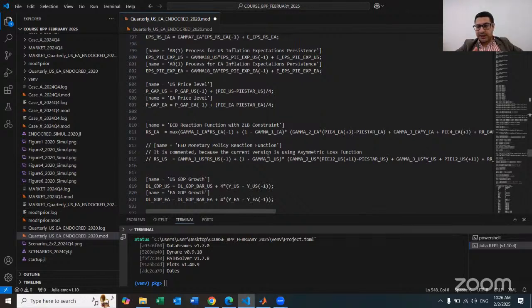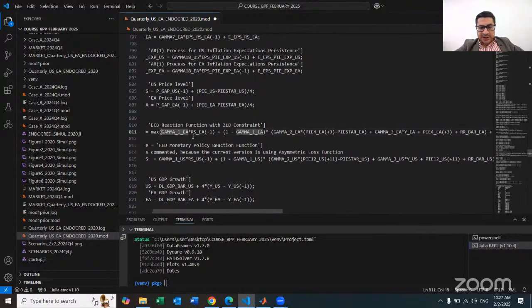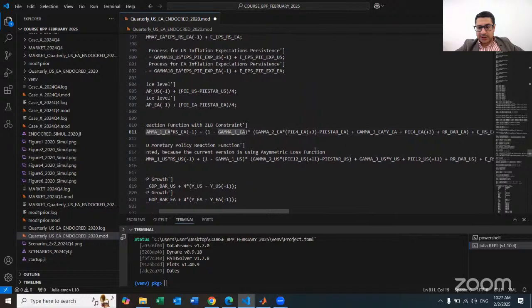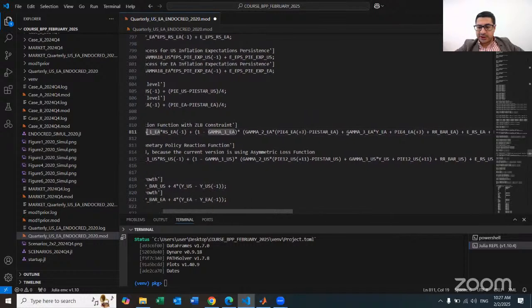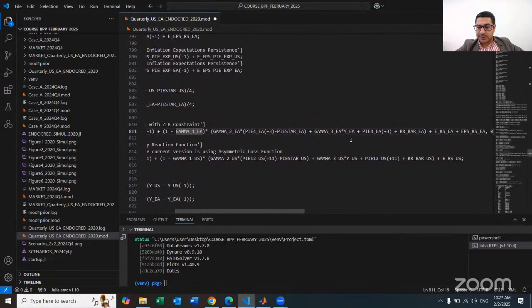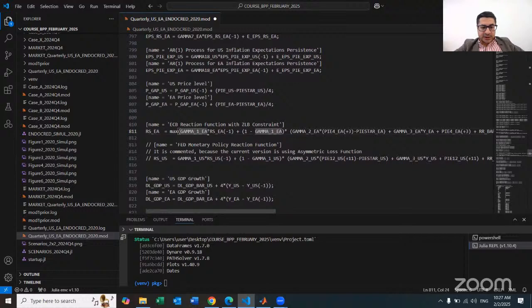So in the simple rules, we don't have that, of course. When the interest rate has some persistence in it, then it reacts to deviation of the expected inflation and the output gap, right?